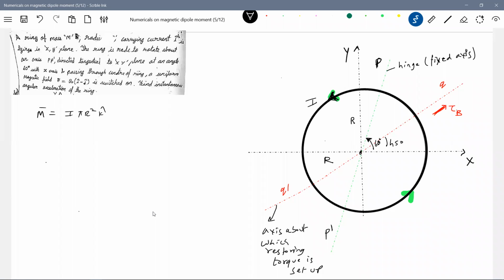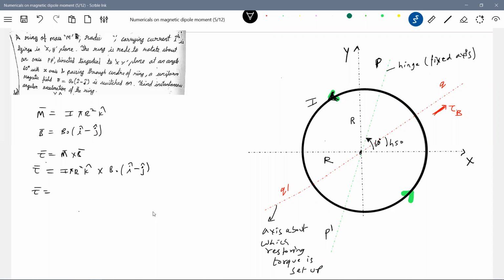Then what about the magnetic field? B bar equal to B naught (I cap minus J cap). So torque equals M bar cross B bar. So I into pi r square k cap cross B naught (I cap minus J cap).